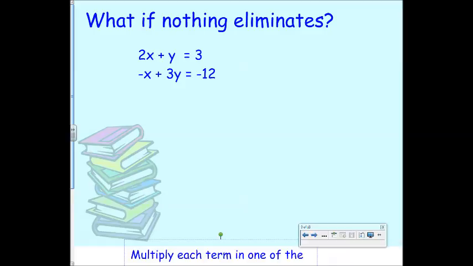So what would you like to change here? What do you need? You need something that's going to cancel out, right? Which variable looks more likely to cancel out? X's or Y's? X. Why the X? One of them's already negative and positive. The only problem is that I would need this to be what? 1. This is a 1 right now. I need it to be a what? 2. How could you make it a 2?